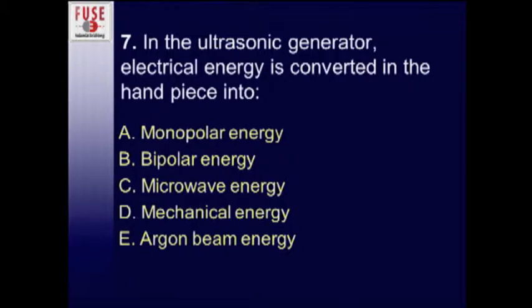Question number 7. In the ultrasonic generator, electrical energy is converted in the handpiece into A, monopolar energy, B, bipolar energy, C, microwave energy, D, mechanical energy, or E, argon beam energy.